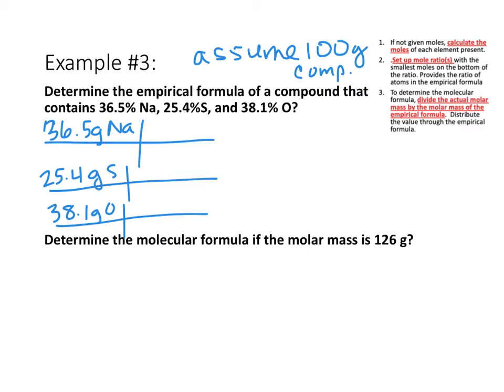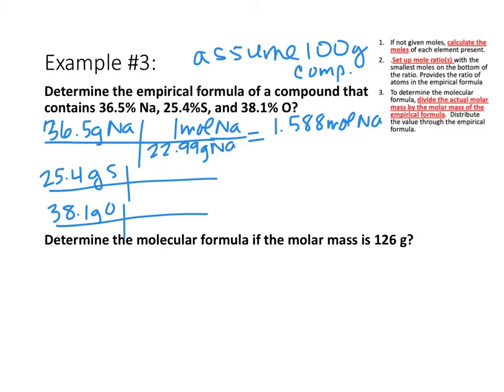So looking up on your periodic table, let's get the molar masses of each of these elements. Sodium has a molar mass of 22.99 grams. So 36.5 divided by 22.99, we get 1.588 moles of sodium.